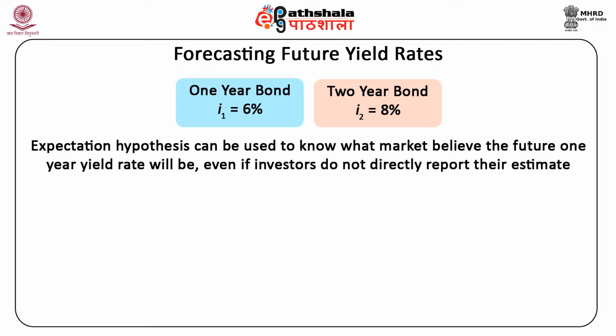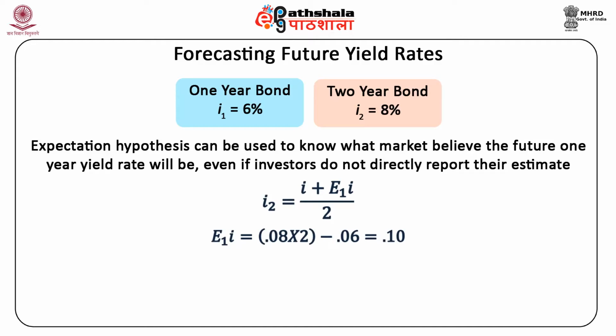We know that I2 is equal to (I plus E1I) upon 2. This implies E1I is equal to 0.08 into 2 minus 0.06. That is equal to 0.10.